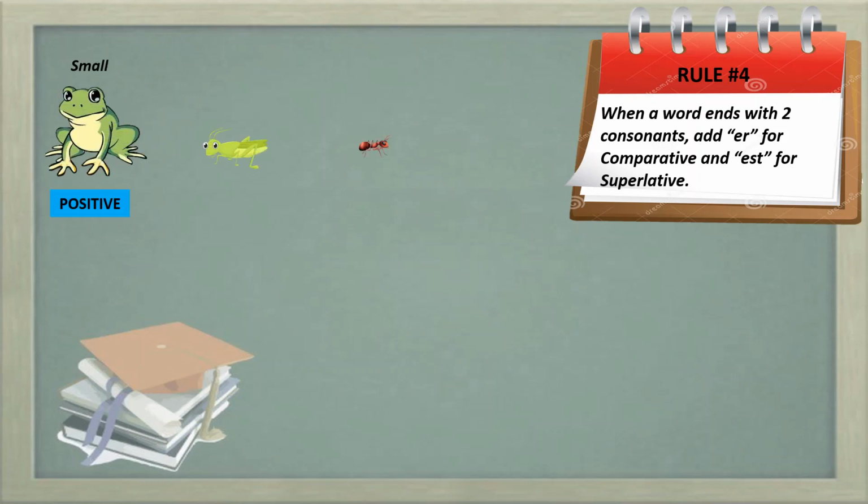The example in the positive degree is small. So here, if we look at rule number 1, it says that when there is an adjective, and here this word represents an adjective, definitely, of course.